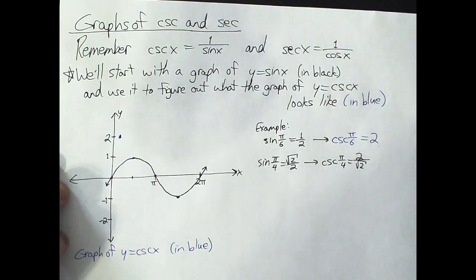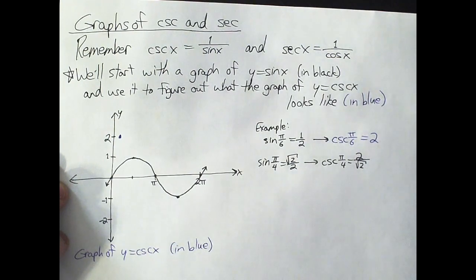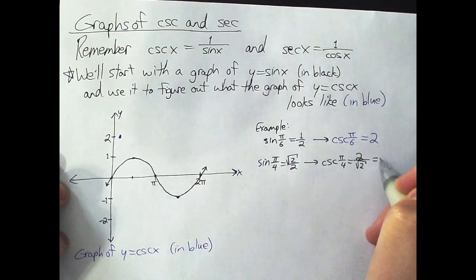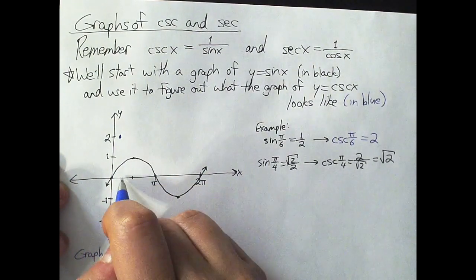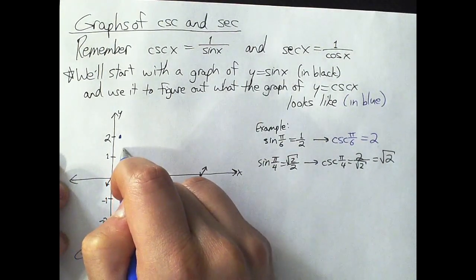You can do our usual thing to try to rearrange this. Multiply it by the square root of 2 over 2. You will find that this actually equals the square root of 2, which is approximately 1.4. So we get a point at pi over 4, comma, 1.4, maybe about here.